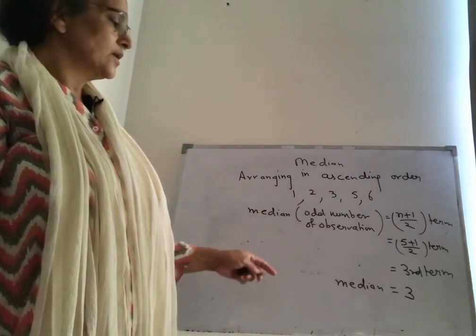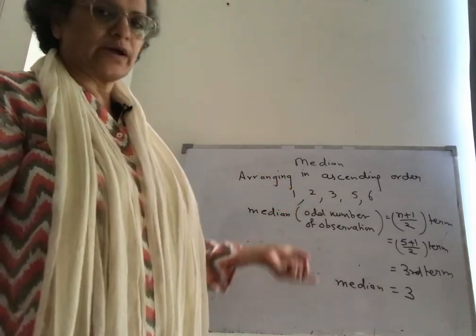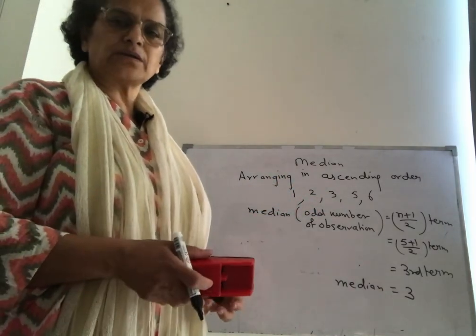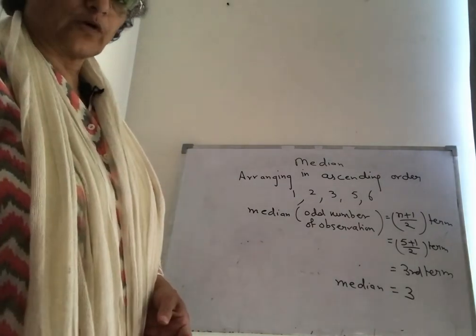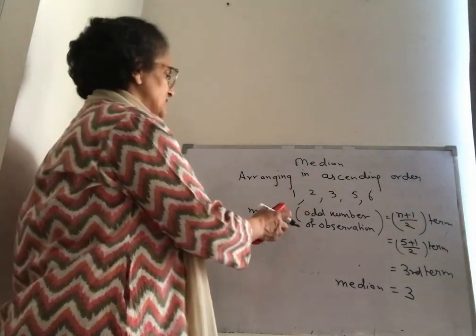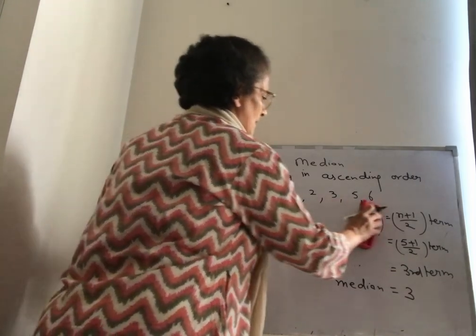Sometimes the median value will not be from the data. That's why I have written that mean and median can be from outside the data, and mode is always from the given data. So let's take an example of an even number of terms now.